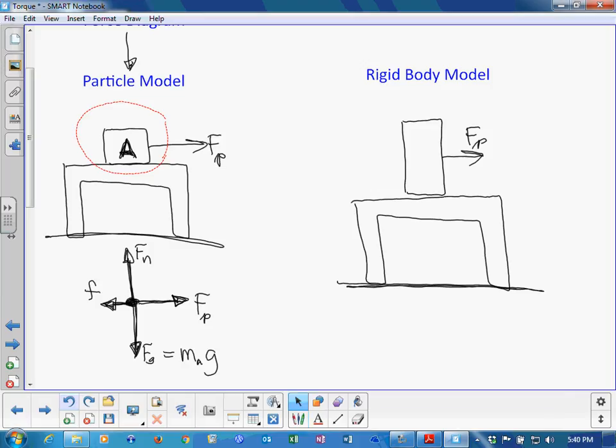If we apply the force along here, or lower, the block might just slide like it did for block A. But if we apply the force somewhere up in here, the block might tip about a point here. We'll call that point P. If the table has friction, it will tip about that point, so the position of the force is very important.